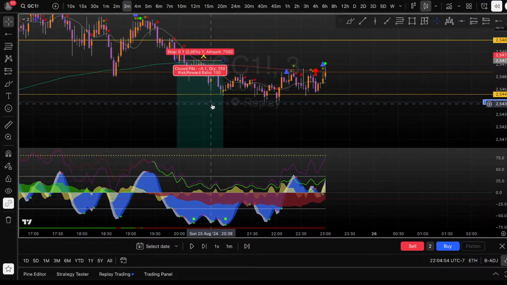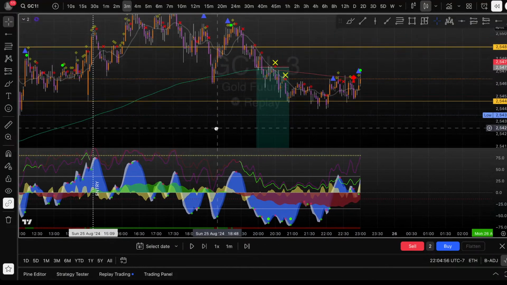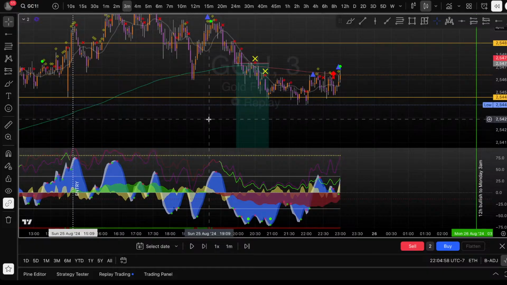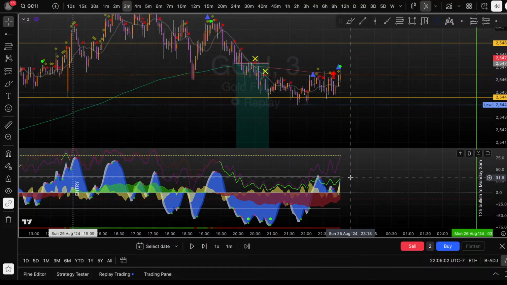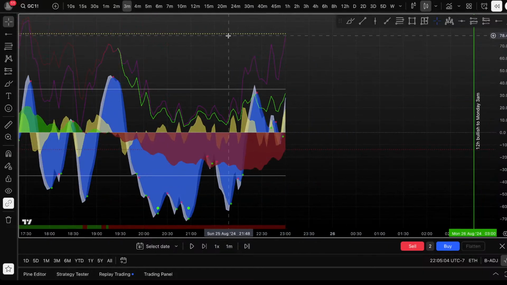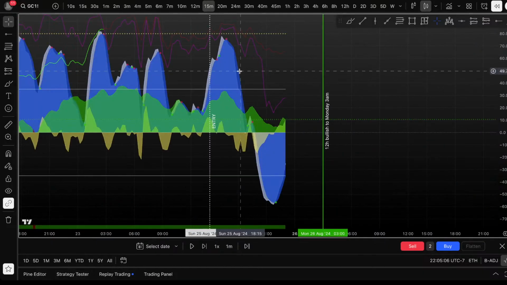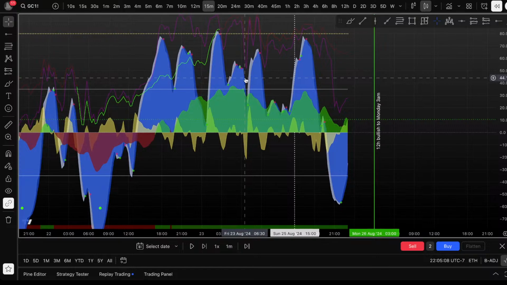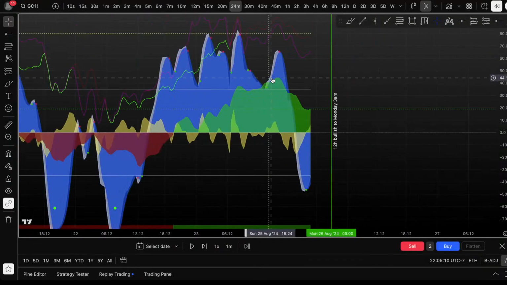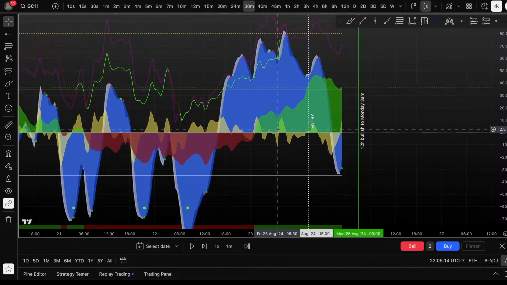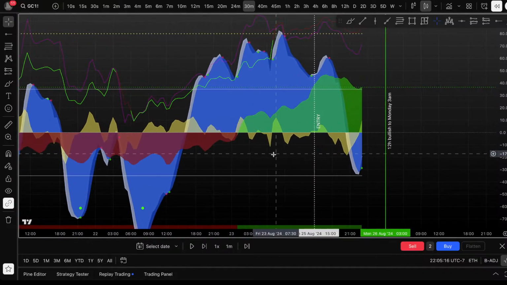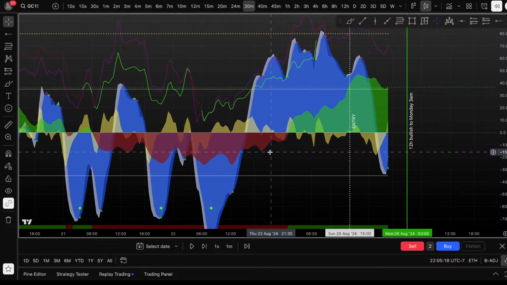And yeah, she's looking like she wants to pump now. But only to dump again. And that's the sad part.